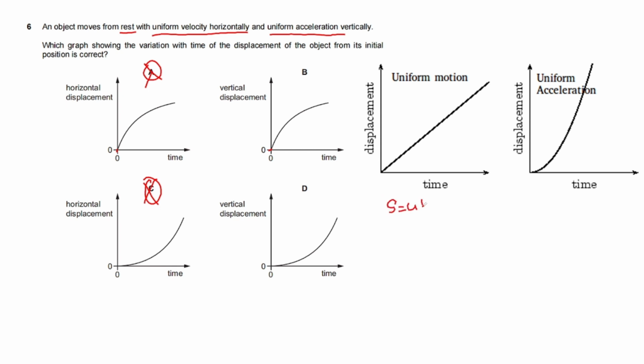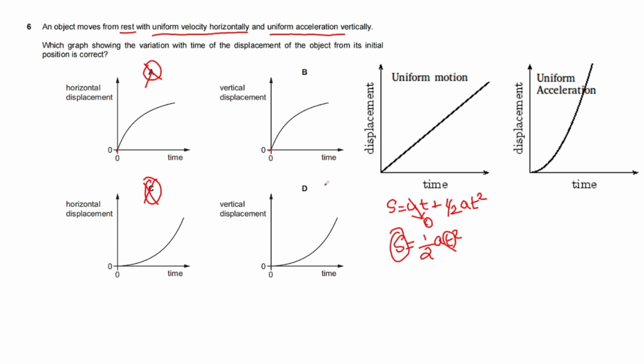So s is equal to ut plus half at square, which is one of the equations of motion. So this one should be obeyed, right? So initial velocity is 0 since the object moves from rest. s would be equal to only half a t square. So here this s stands for the displacement and t is the time.